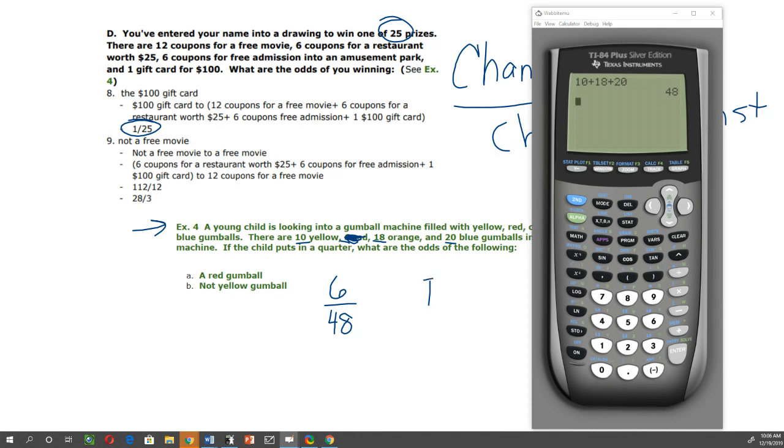So let's look at B. B says not a yellow gumball. Well, let's erase this stuff that I've already marked for the last one. So which ones are not yellow? So not yellow are all of these. So 6 plus 18 plus 20.